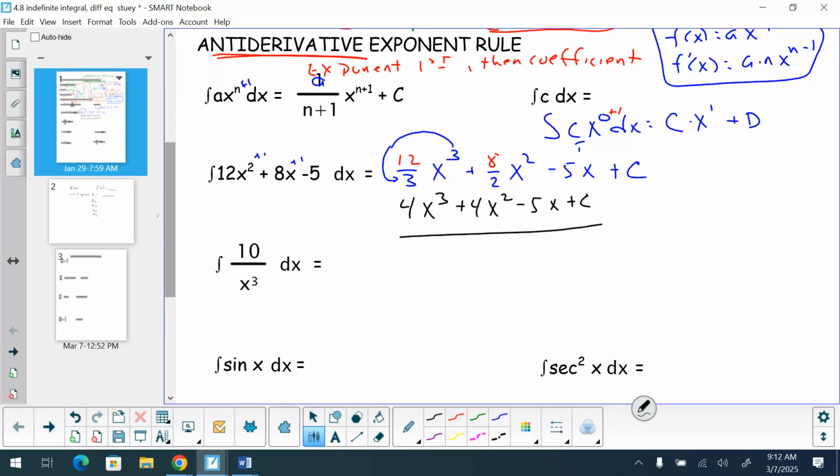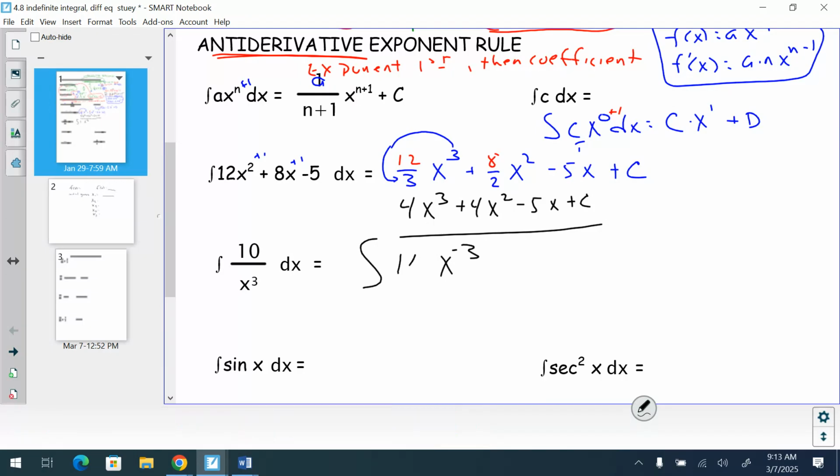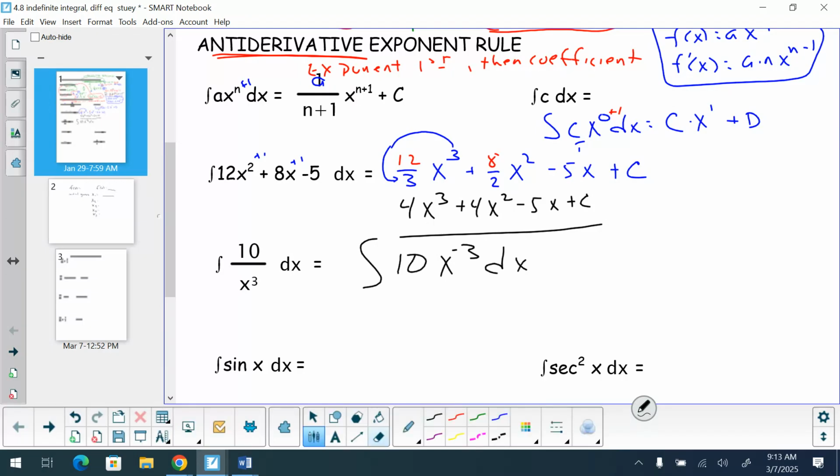Well, what if we had 10 over x cubed? I need to get into the form of a times x to the nth power. So how can we rewrite 10 over x cubed? What can we do with the x cubed on the bottom? Throw it up top and make it a what? Negative. So we have the antiderivative of 10 x to the negative 3rd dx.